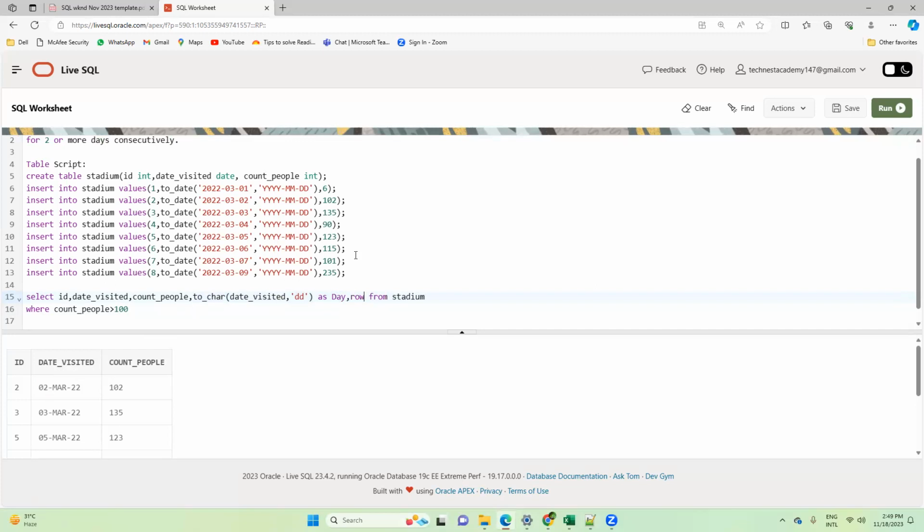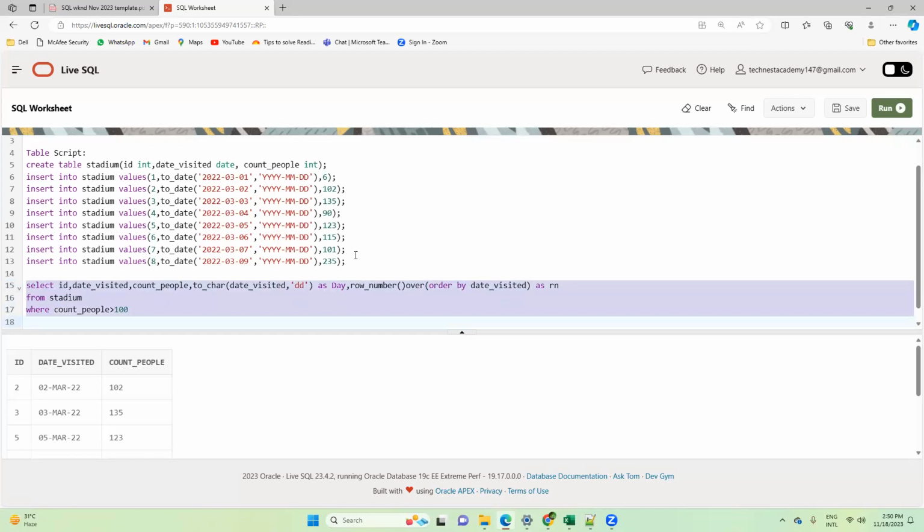Then we have to derive the row number, ordered by date visited as RN. Now check this query.